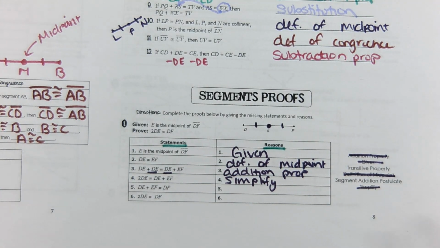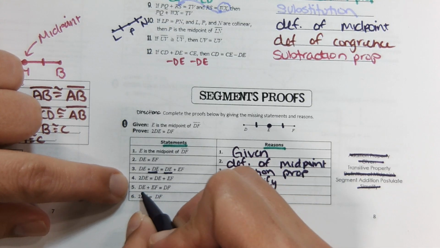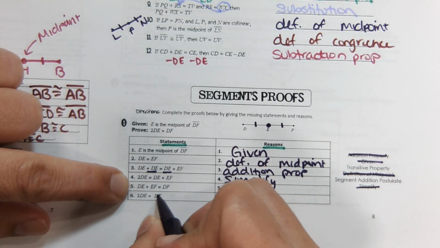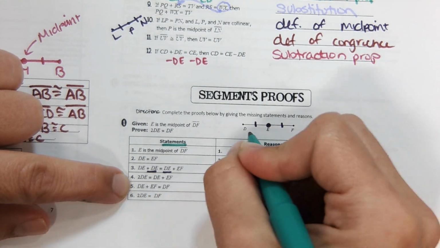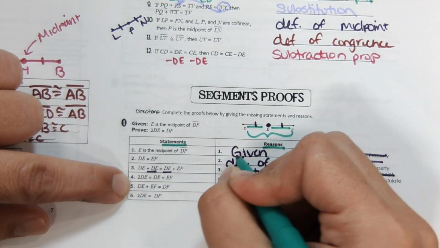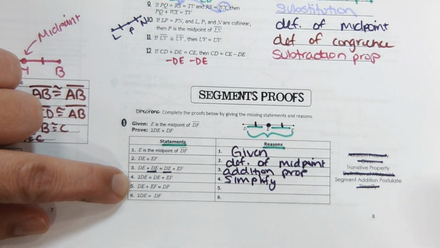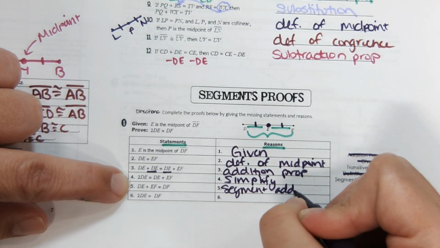Then for number 5, to go from this to this, let's see. I don't see a direct correlation, but when I look at the picture, DE plus EF equals DF, the whole thing. That's segment addition postulate. So segment addition postulate.